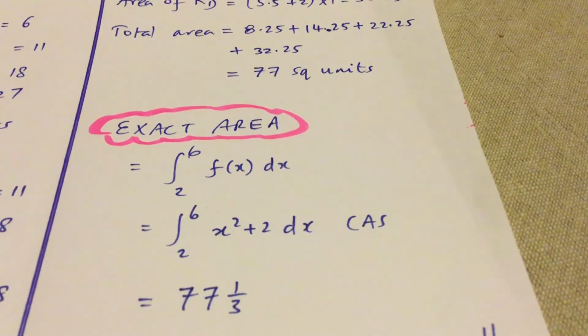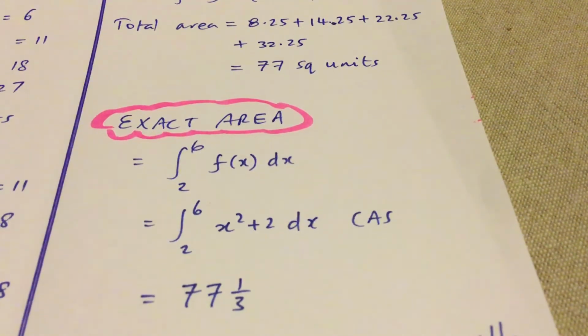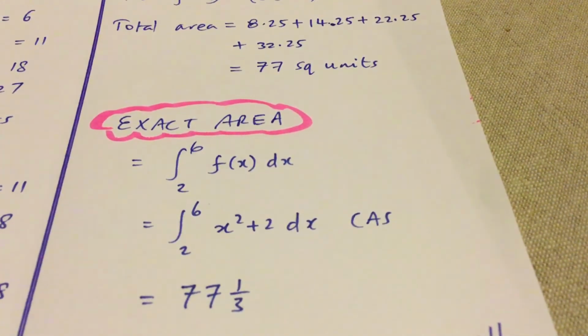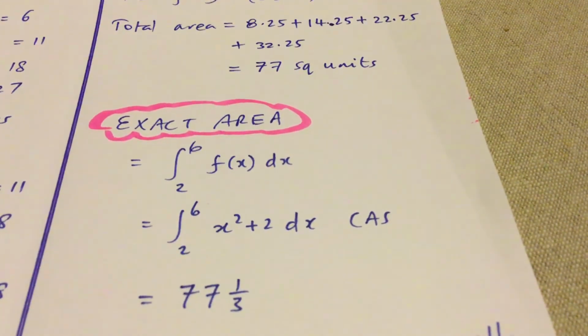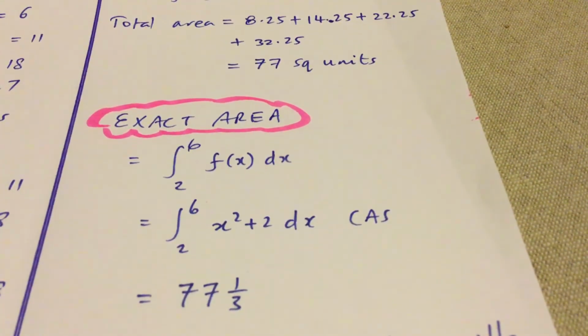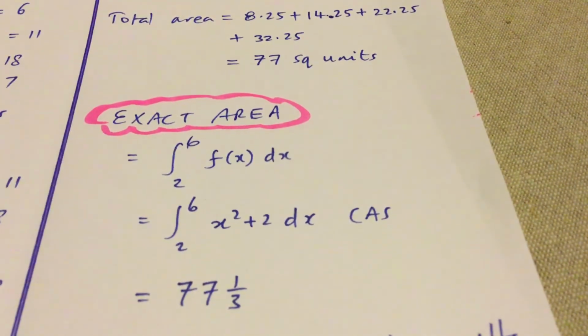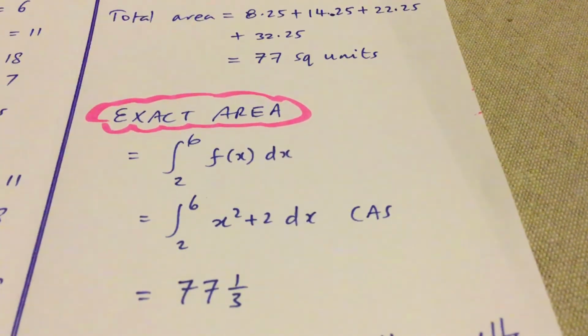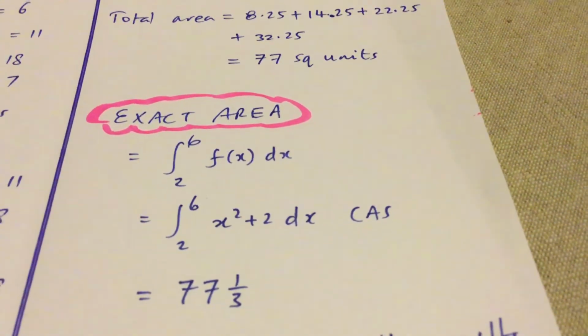By looking at the three answers, one was 78 using the left and right endpoints. Using the midpoint, we obtained 77, and the actual area is 77 and a third, which means that the midpoint method is slightly better. It's closer to the actual area.